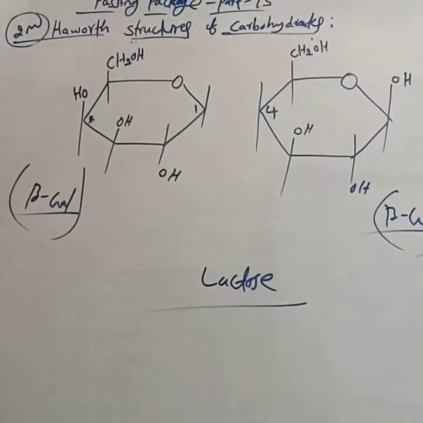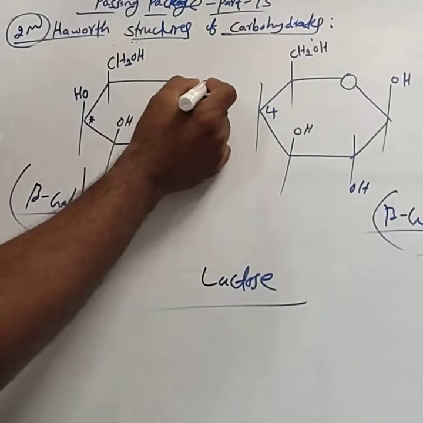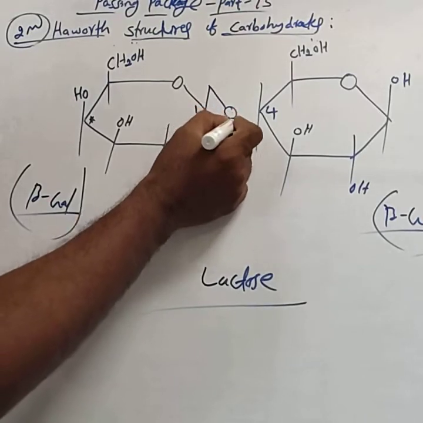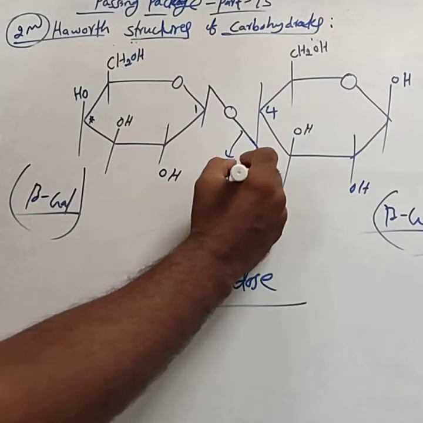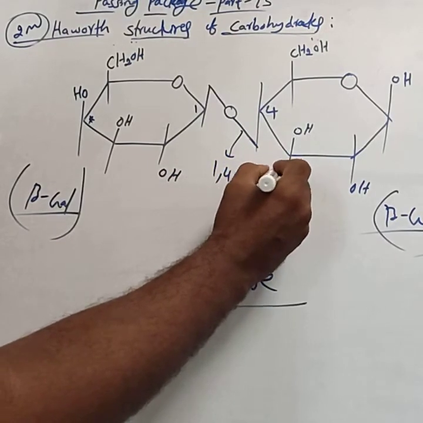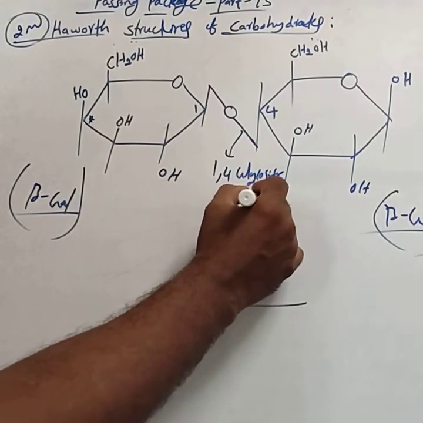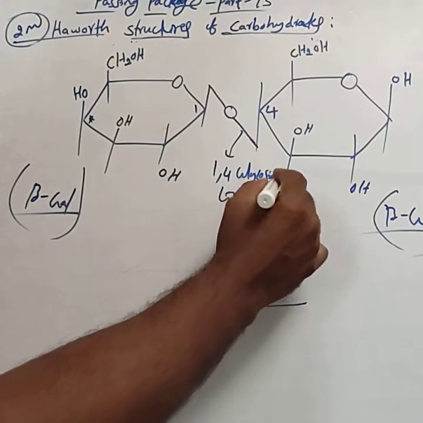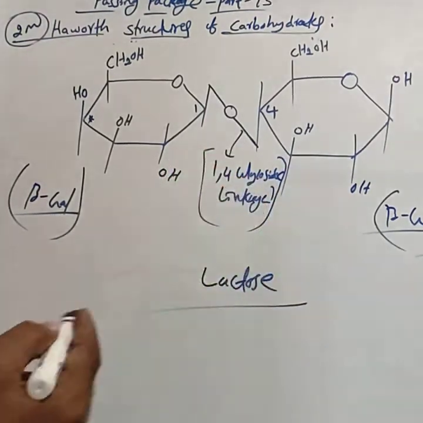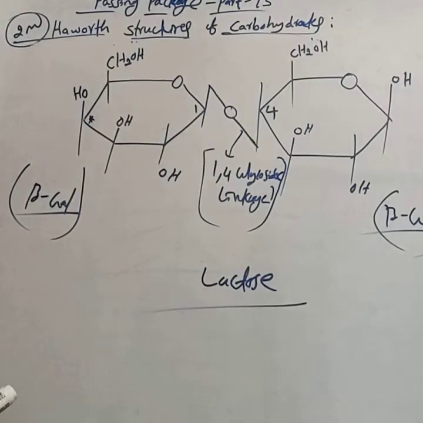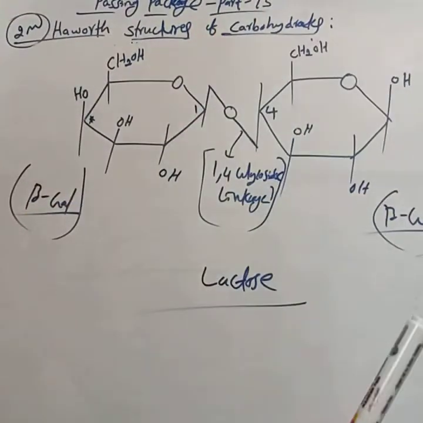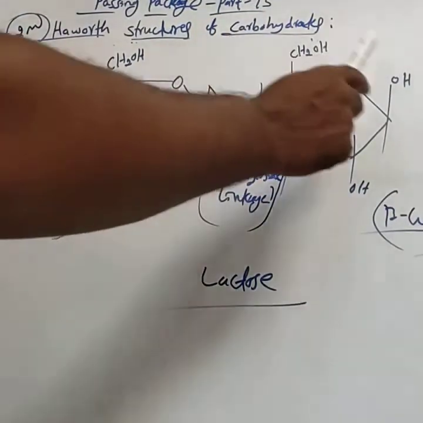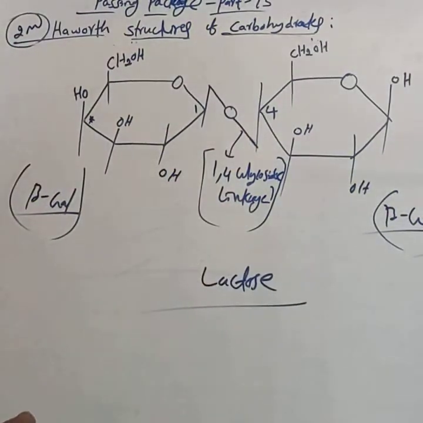That oxygen will bond these two monosaccharides by a glycosidic linkage. This is called the 1,4 glycosidic linkage, which exists between the first carbon atom of the beta galactose and the fourth carbon atom of the beta glucose. This structure is the lactose structure.